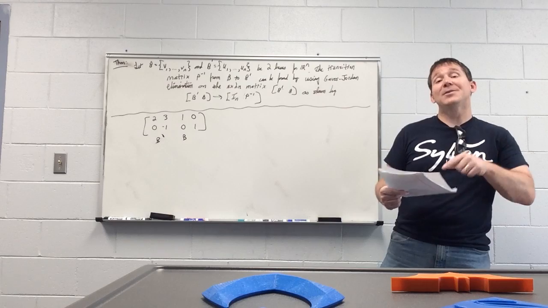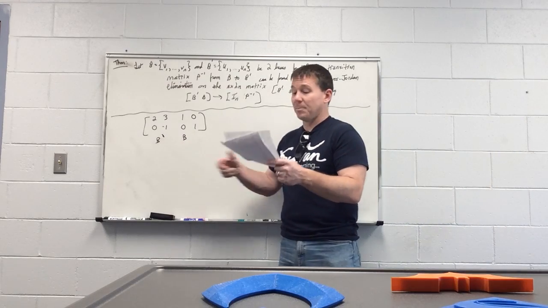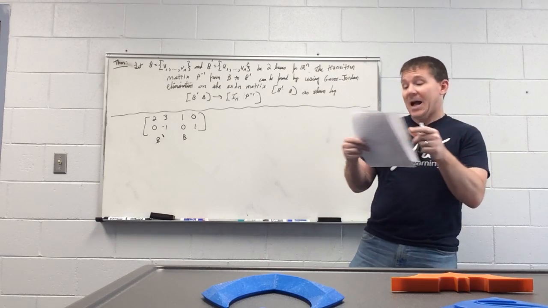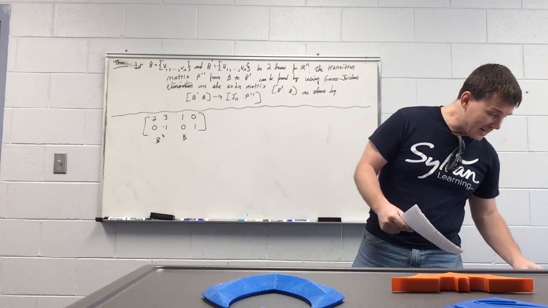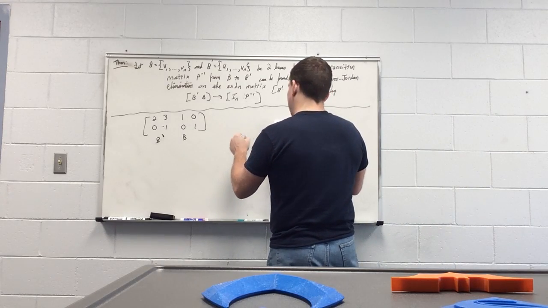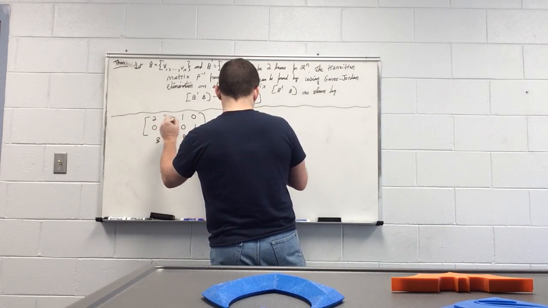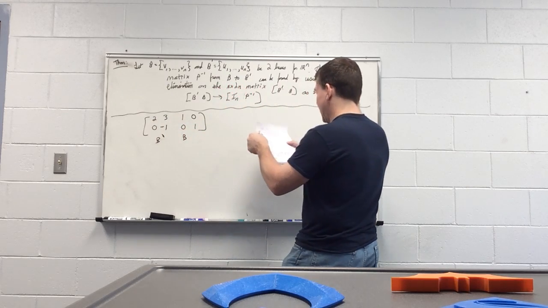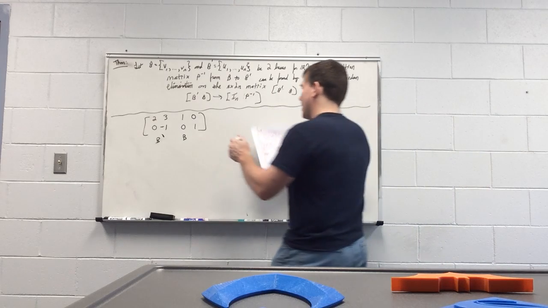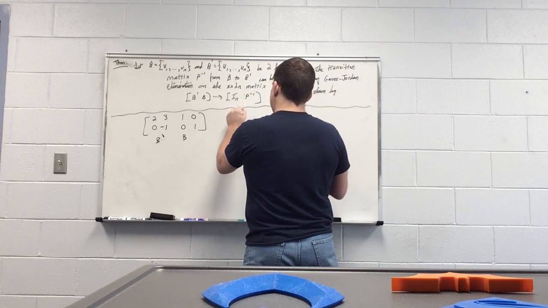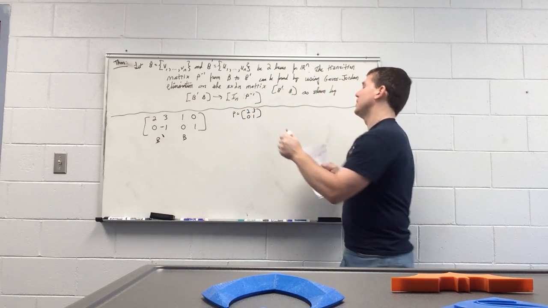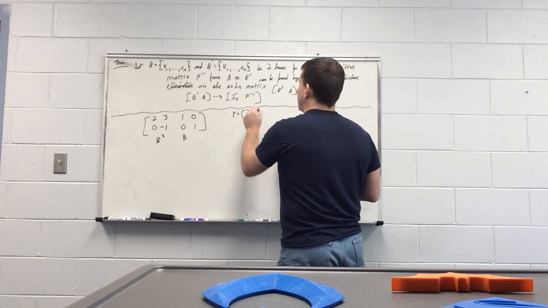Now I want to find the transition matrix to go from B prime to B. So I'm going to do the Gauss-Jordan elimination. I will also point out, as I find all the correct pages, when we did this, we got that P was equal to the same as that, 2, 3, 0, negative 1.